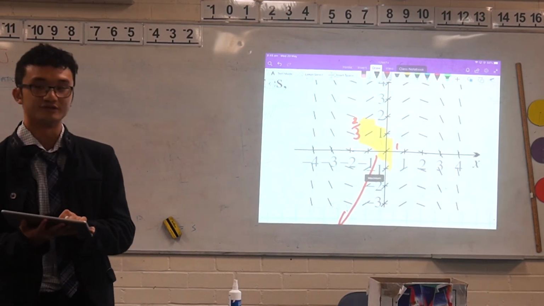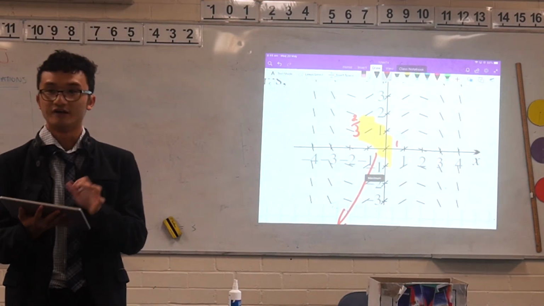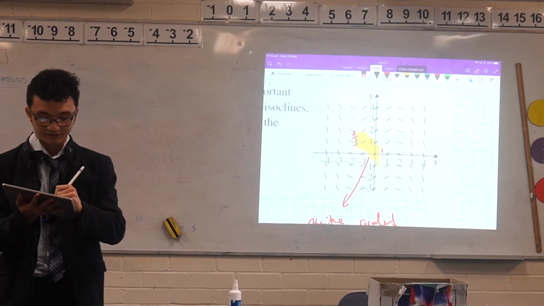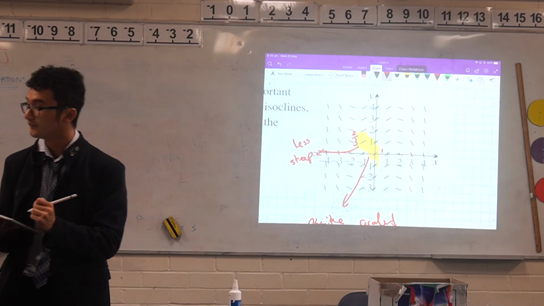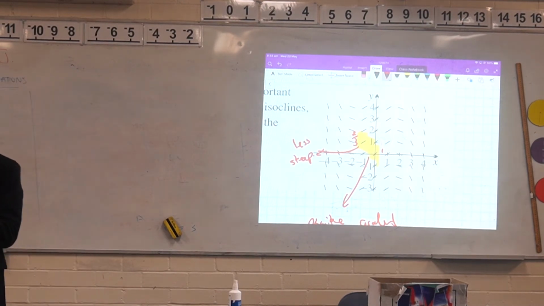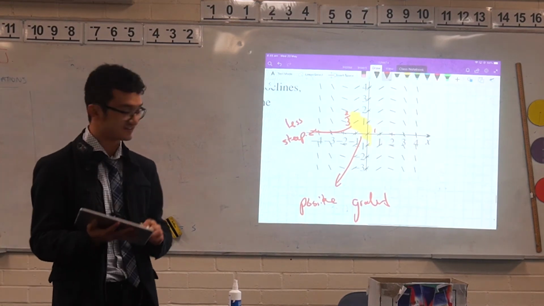That would make sense because 2/3 is a smaller number than 1, so the gradient should be less steep. You're saying less thick or something? No, they don't use thicknesses in that one. Yeah, so less steep. Okay, cool.